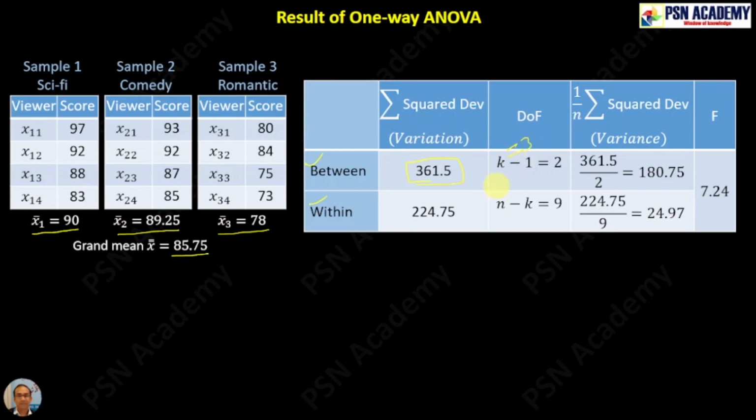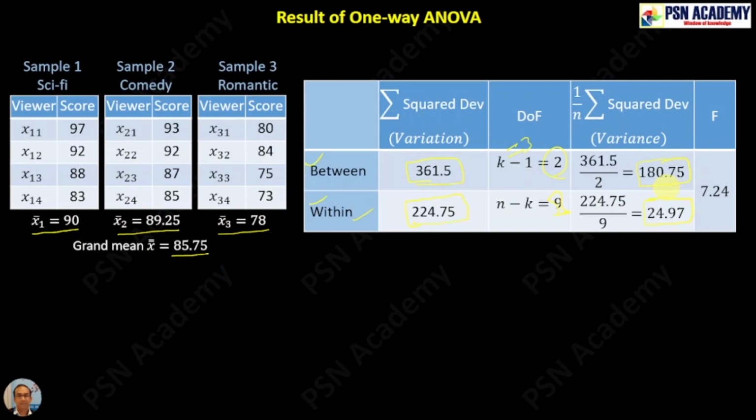So, k equal to 3, and 3 minus 1 becomes 2 as the degree of freedom. If you divide this variation by the degree of freedom, you get 180.75 as the variance. Similarly, in case of within, you have the variation as 224.75, and the DOF is 9. You divide this variation by 9, and you will get the variance as 24.97.